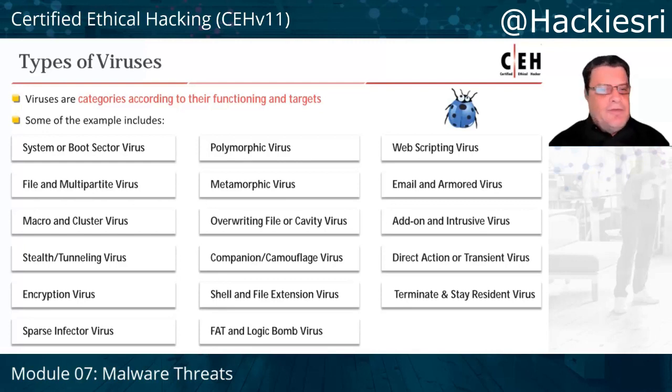Again, this is not an exhaustive list, but the major categories of viruses include system or boot vector viruses, file and multi-party viruses, macro and cluster viruses, stealth tunneling viruses, encryption viruses, sparse infector virus, polymorphic virus, metamorphic virus, overwriting a file or cavity virus, companion camouflage virus, shell and file extension virus, FAT and logic bomb virus, web scripting virus, email and armored viruses, add-on and intrusive viruses, direct action or transient viruses, and terminate and stay resident viruses.